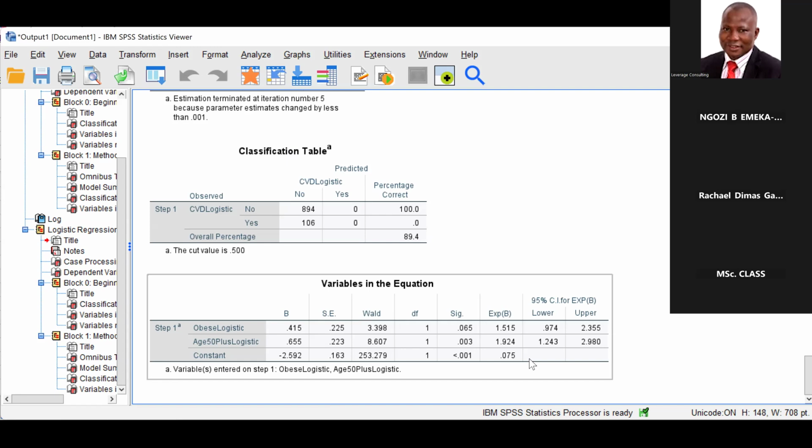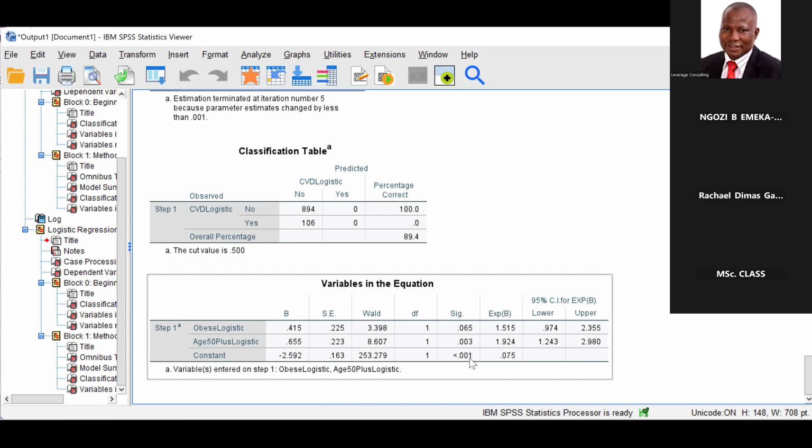So age and obesity can be related in this data set. So imagine if it was significant, and later it is no more significant. Look at the obesity now. It's no more significant.